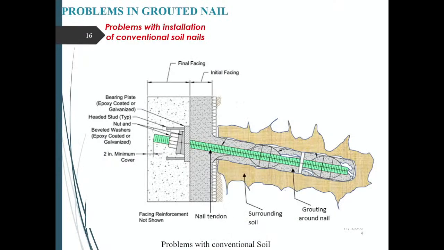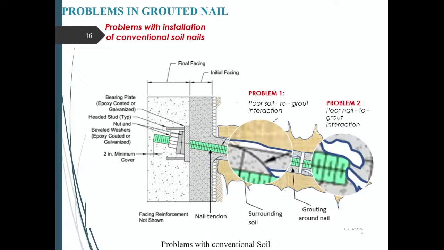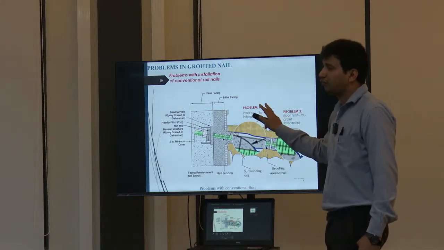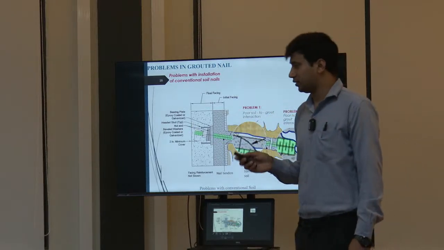So now we have to discuss the problems in a soil nail. We have different problems, because when we install a nail there are two types of interface, soil to grout and grout to nail. So there is a problem with the interaction between the two different interfaces.